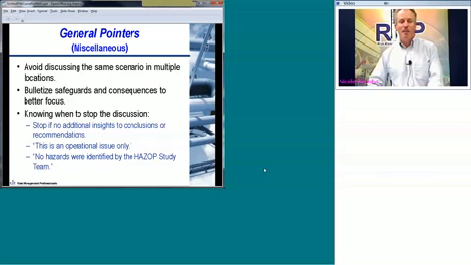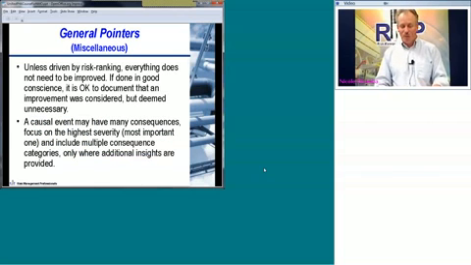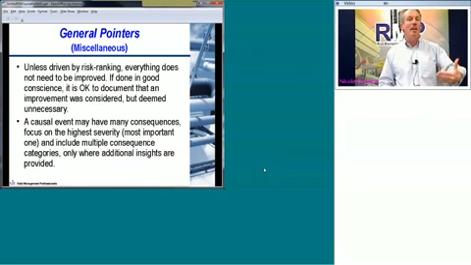Okay, and also, unless it's driven by risk ranking, everything doesn't need to be improved. The fact is that if the team in good conscience has identified no weaknesses, it's okay to document that, hey, we thought about this other design option, but it's really not driven by weakness or by risk ranking, and it's really not necessary. That's actually as useful as identifying weaknesses where design improvements need to be made.